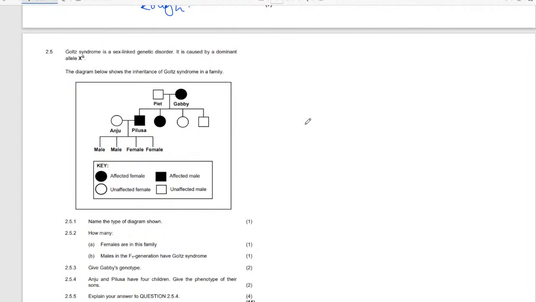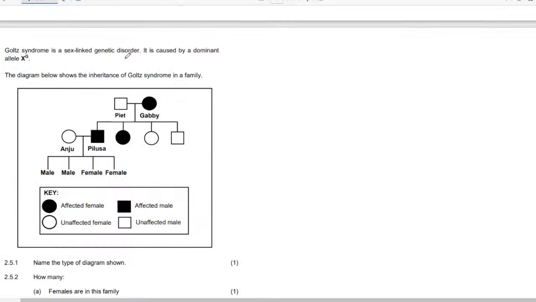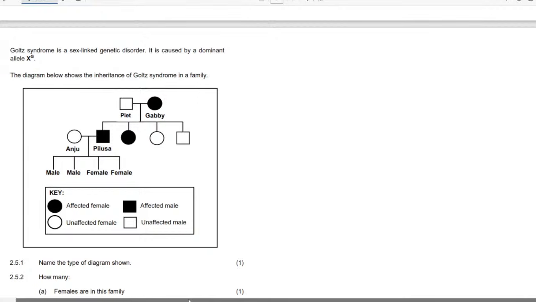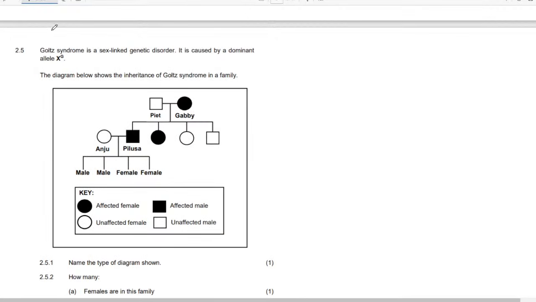They're saying this question is now pedigree, but this pedigree is sex linked. You remember the question we saw was not pedigree but was sex linked. But now this one is pedigree and sex linked. So we are bringing a sex-linked character into the pedigree.